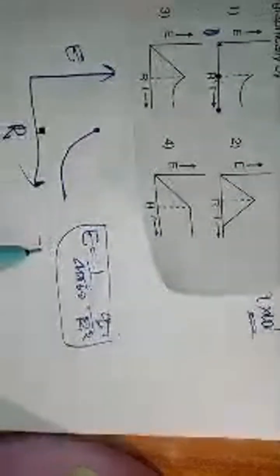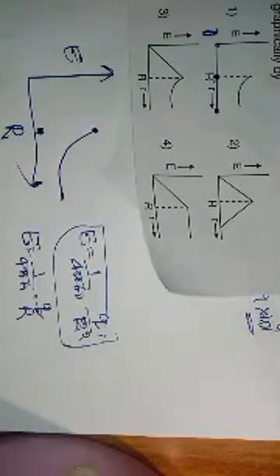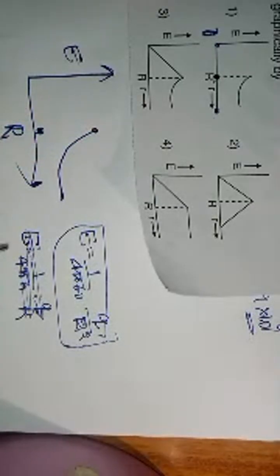So this graph will be like this, and the other equation is E is equal to 1 by 4 pi epsilon naught q by r. Sorry, not this equation. This is on the outer surface of the sphere, where within the sphere E is directly proportional to r.